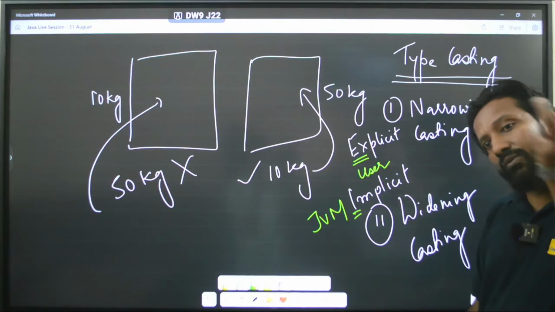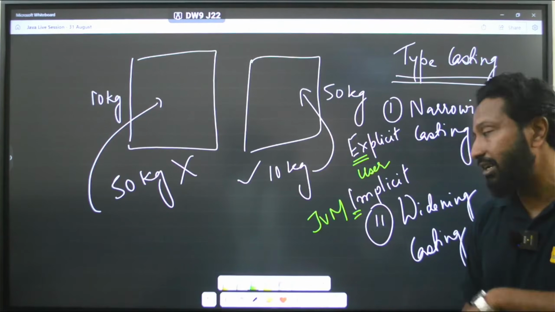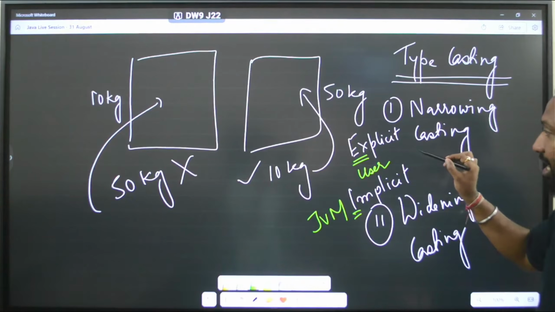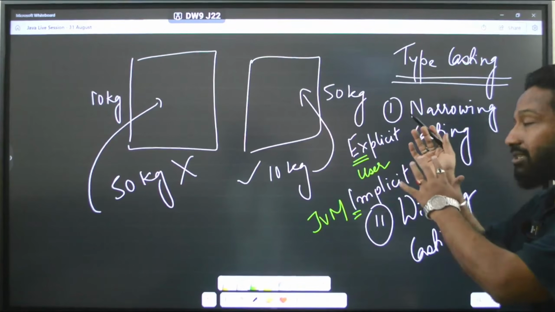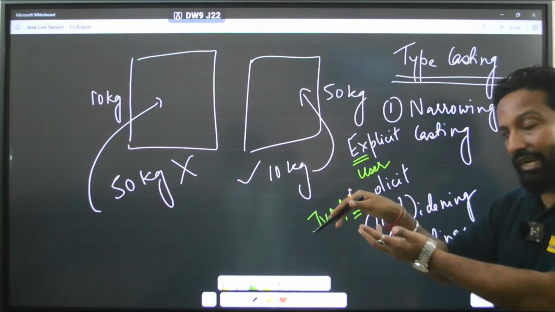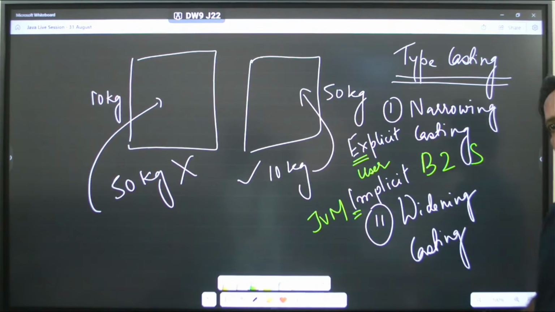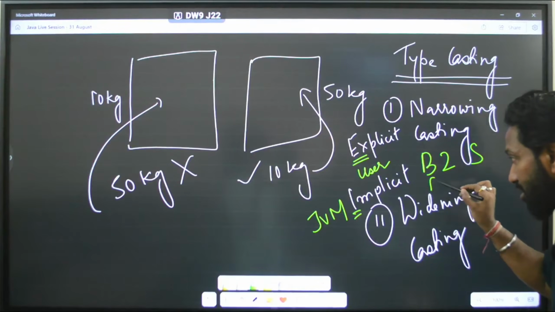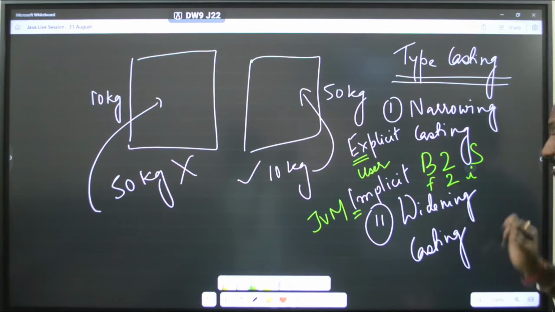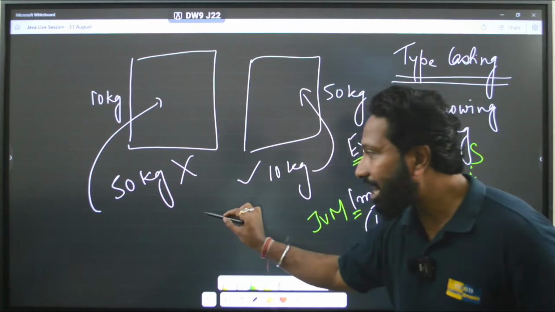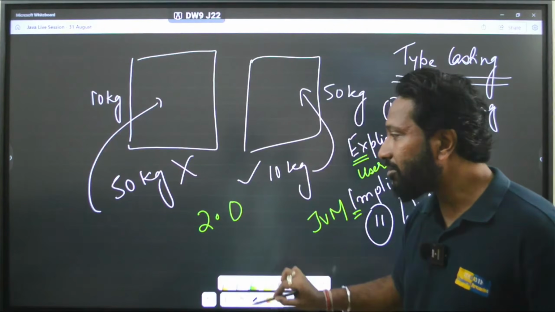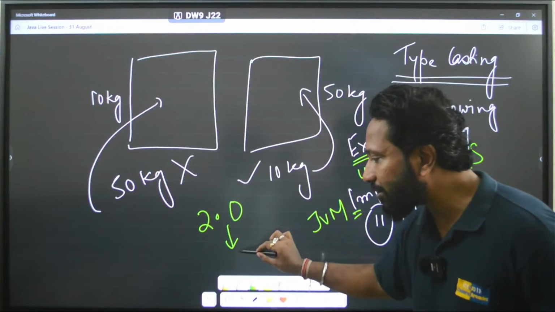Okay. So now let's make it easier for you to understand. In explicit casting, narrow means from a bigger data type to a smaller data type. So I will say bigger to smaller. Say from float to int. Got it? Say I have 2.0, I am converting that to int, it will be 2.